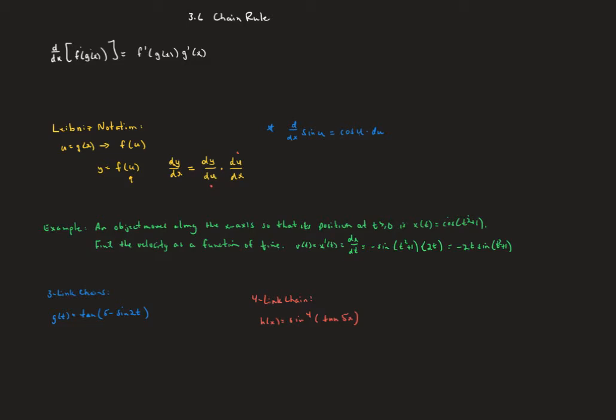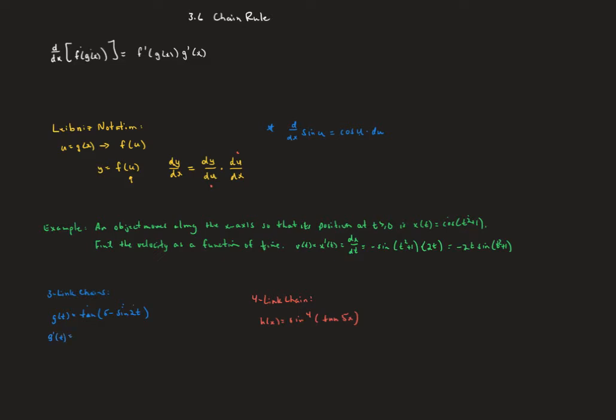If you remember last year, it was a big deal, and some of us struggled with it initially, doing these 3-link chains. Hopefully this has gotten better. So we can see a function 2t sitting inside another function, sine of that, and that in turn is sitting inside of a third function, the tangent function. So we work our way from the outside in.